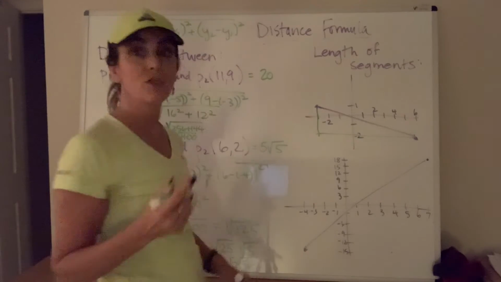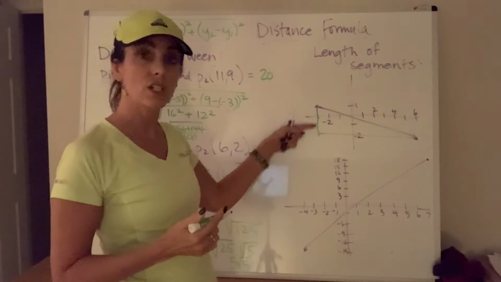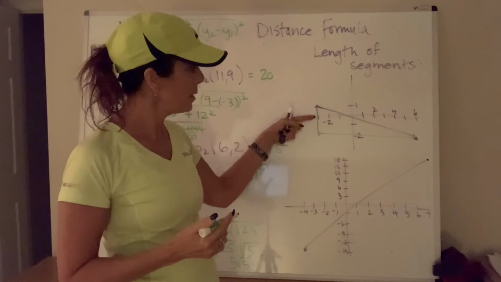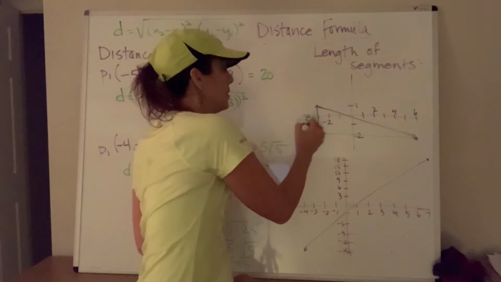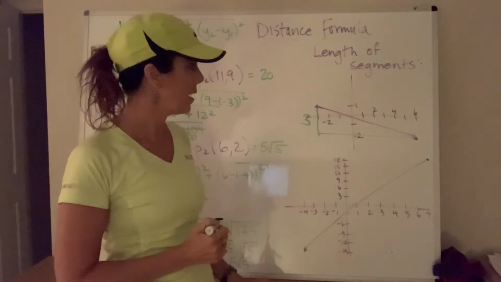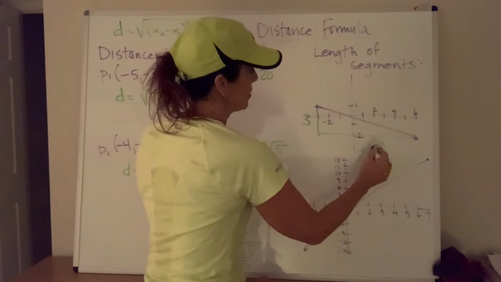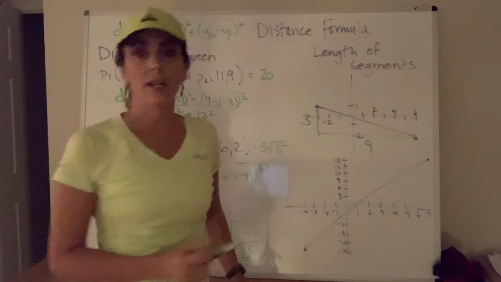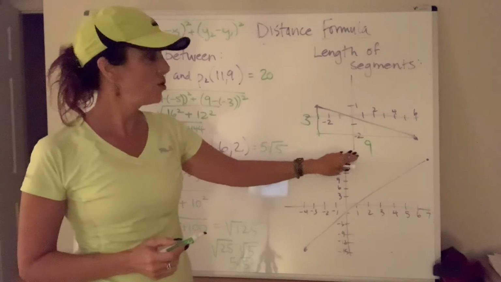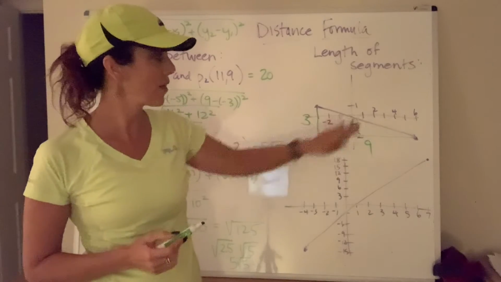All right, and then I'm just going to count units. How many units is this vertical line? Well, there's 1 plus 2 more, so this is 3 units. How many units is the horizontal line? Well, that's going to be 3 units plus 6 units, or 9 units. So now I've got these 2, I can plug into the Pythagorean theorem and find the third.